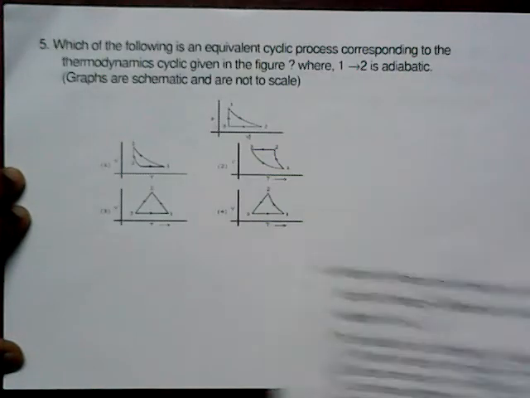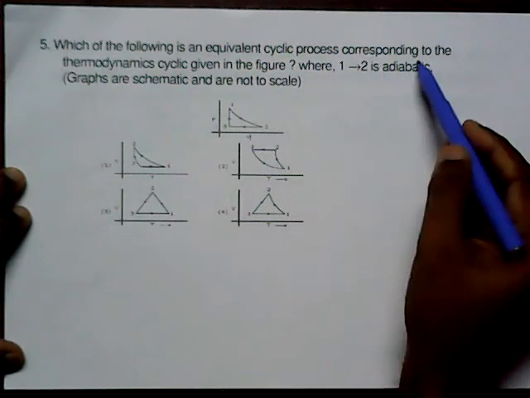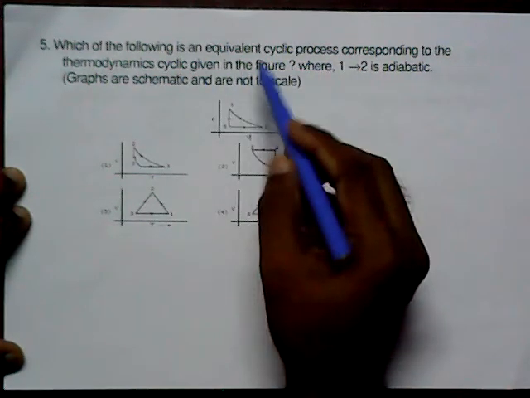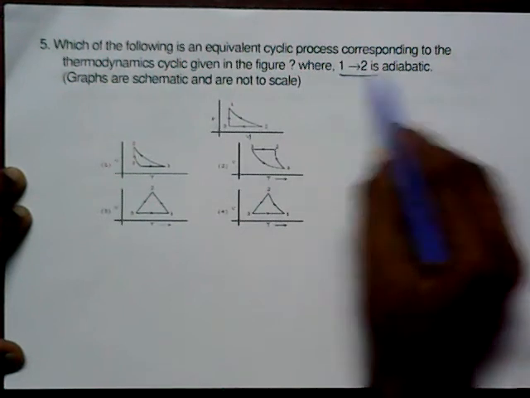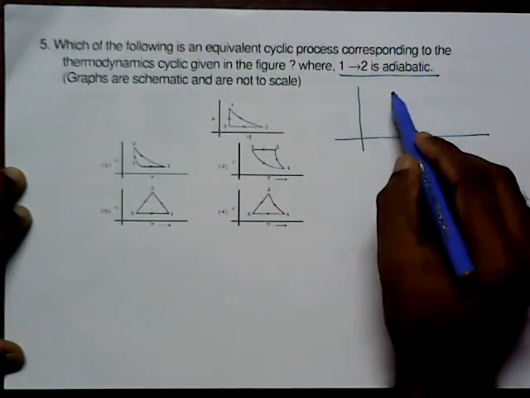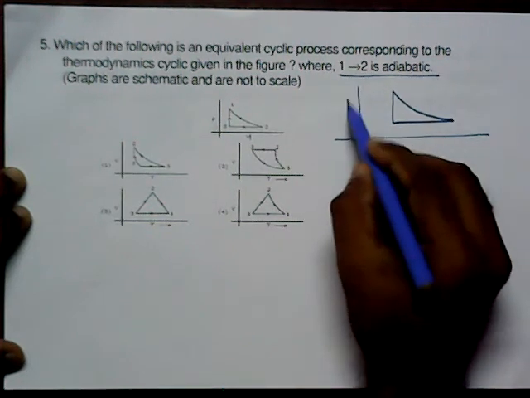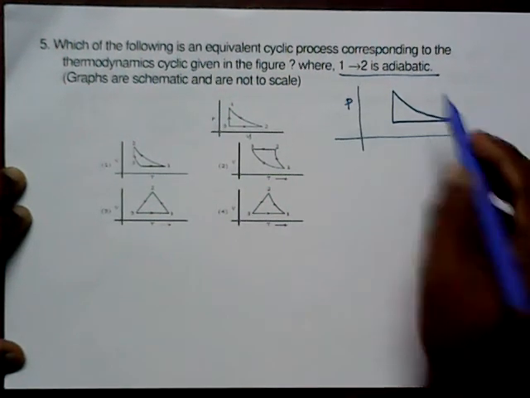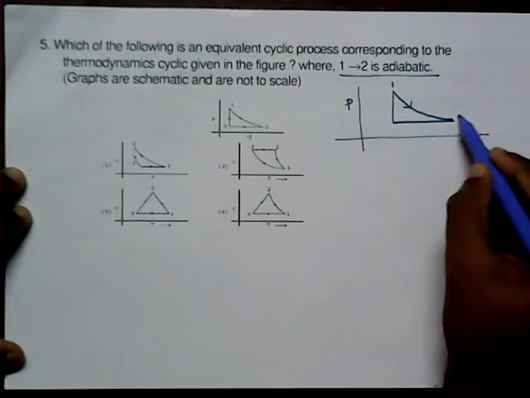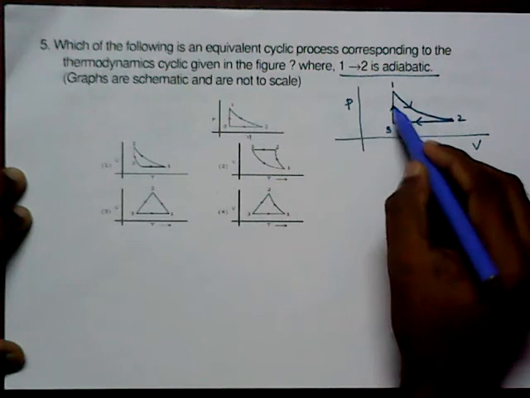Number 5. Which of the following is an equivalent cyclic process corresponding to the thermodynamic cycle given in the figure, where 1 to 2 is adiabatic? Look at the curve once again. This is the given curve, a P versus V curve, and it starts from 1, then goes towards 2, then towards 3, then towards 1.